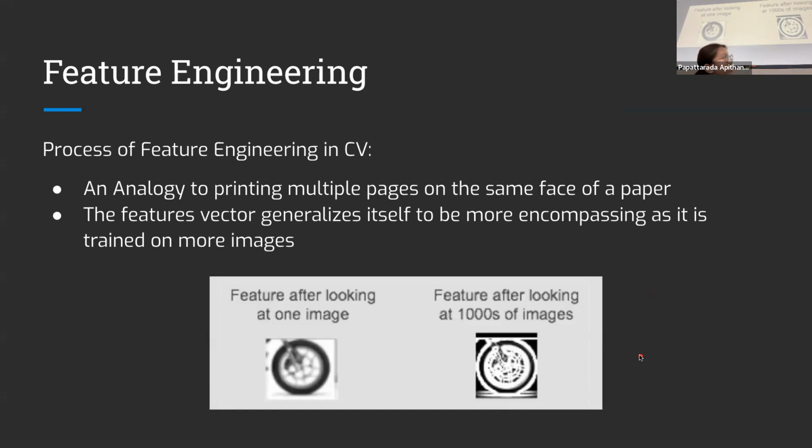Just a quick explanation of how the computer tries to classify images. What the computer does is similar to printing variations of an image on the same page of paper. After the computer looks at one image, it will only have a very blurry impression of how a wheel looks.